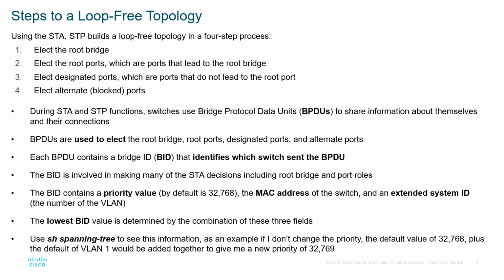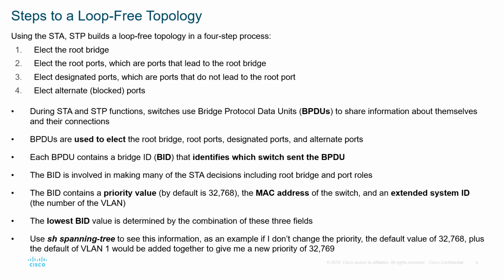The BID contains a priority value, the default of which is 32768 in Cisco switches, and the MAC address of the switch, as well as an extended system ID number, which is the number of the VLAN that it's being sent from. So the lowest BID value is determined by the combination of these 3 fields.